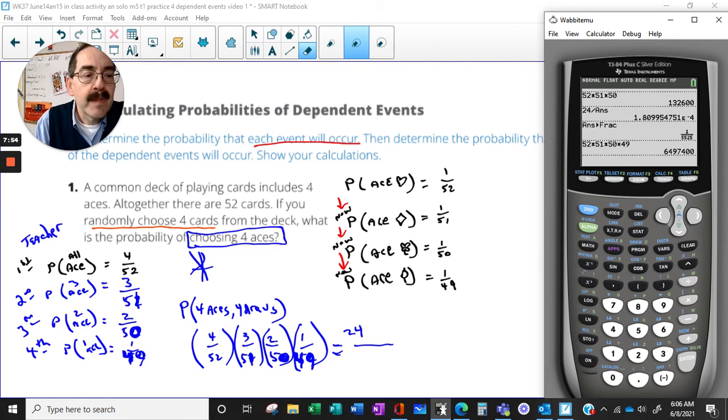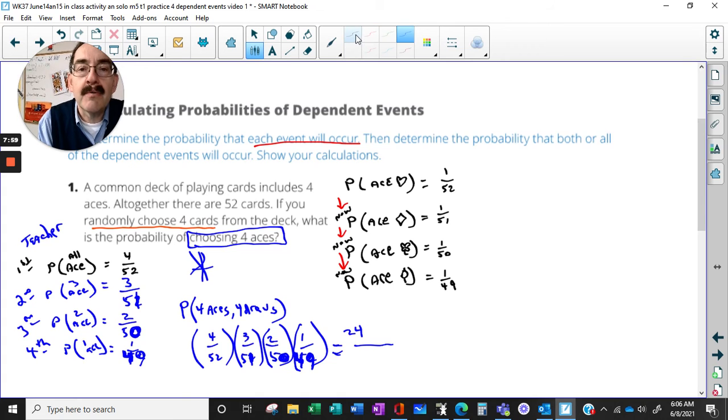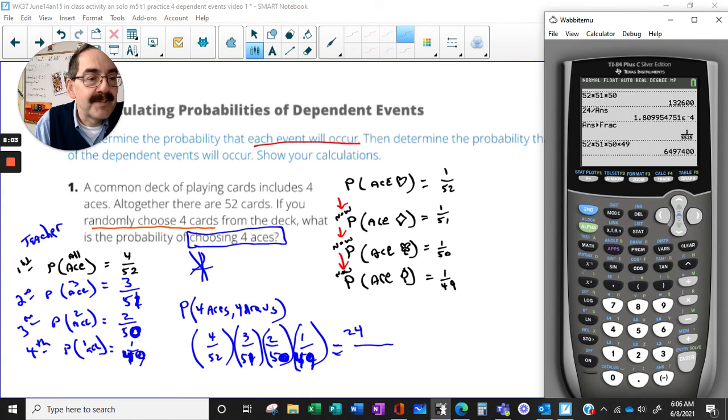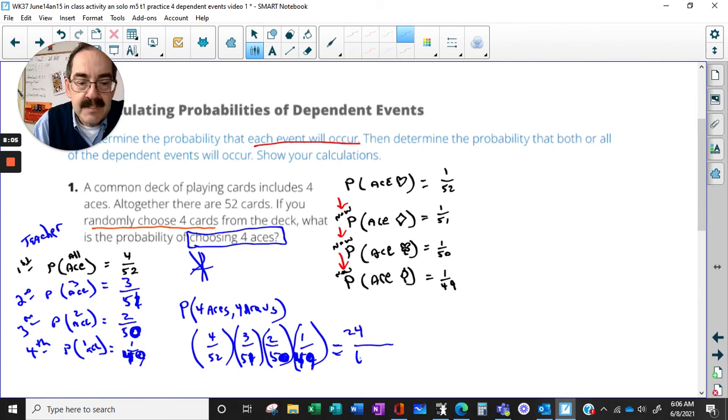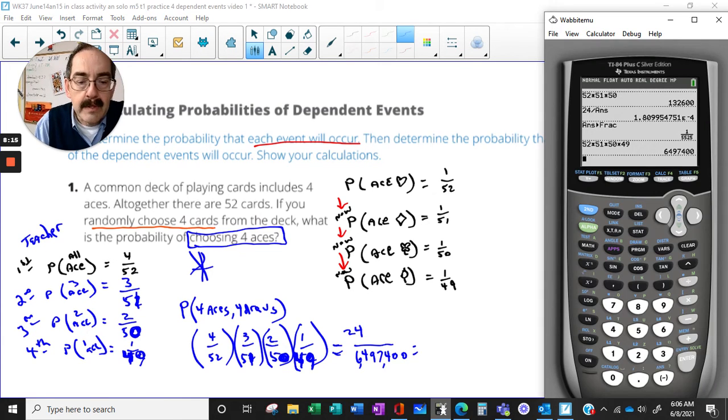This is why I don't get really mad when we write the wrong numbers on our answer sheets in math, because Monty does it too. 6497, 400, 6,497,000. Wow. Okay.